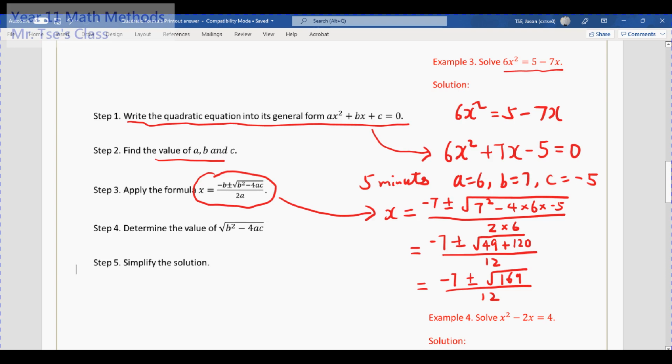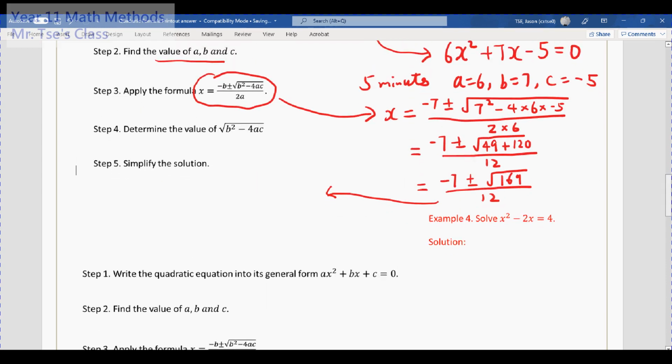So the square root of it actually equals 13, right? That means for this question, the square root sign can be cancelled out because the number inside is a square number.